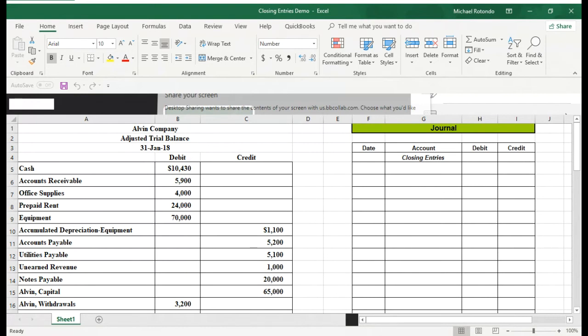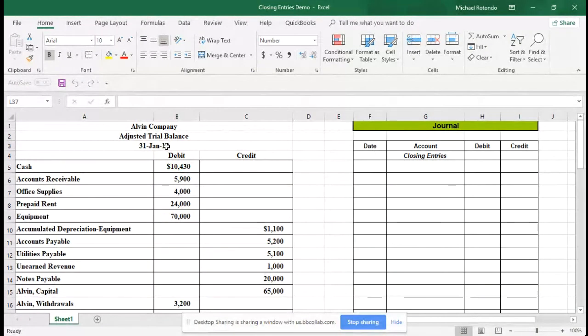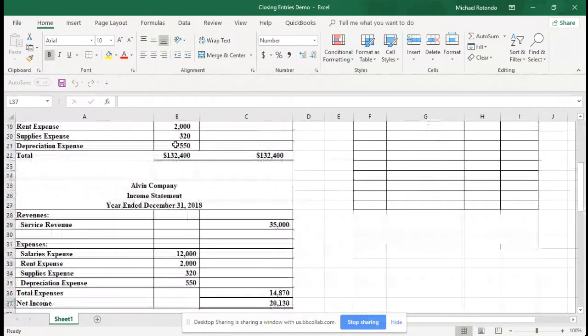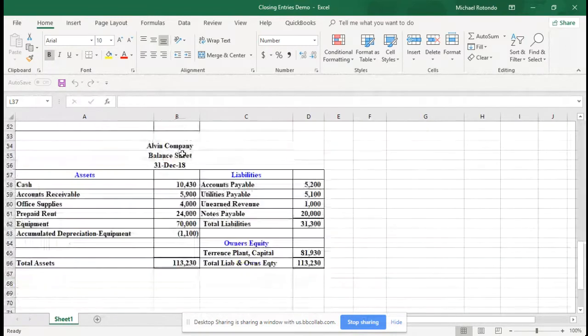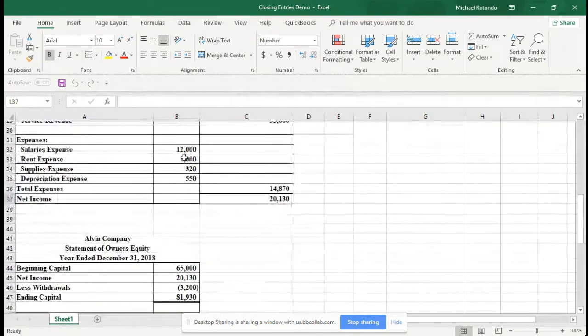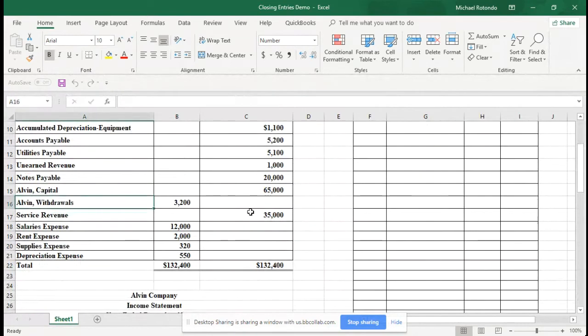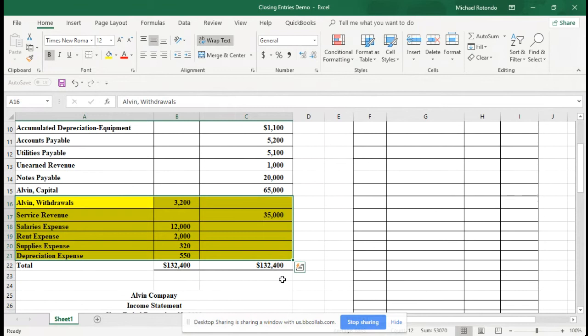So as you complete your adjustments, you create the adjusted trial balance, which we've done. And we've also done the financial statements from that adjusted trial balance. The next step is to take these accounts, which are temporary. They only measure activity for a specific period of time.